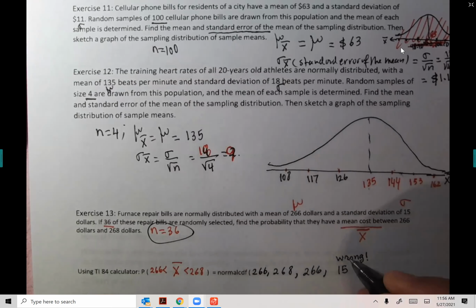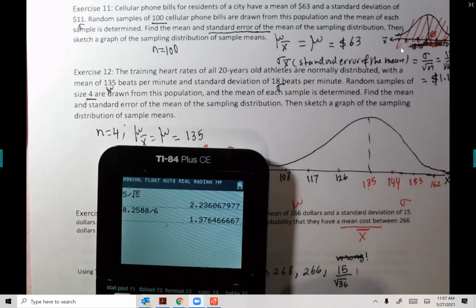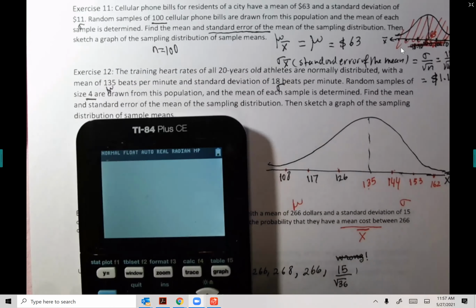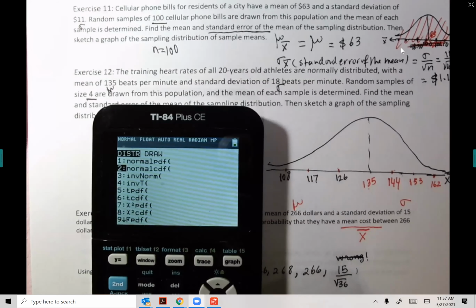So now if I remove this and put 15 over the square root of 36, that's going to work. Let me show you. Input second, distribute. Nothing new, guys.